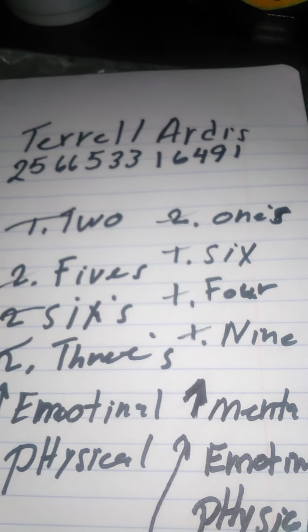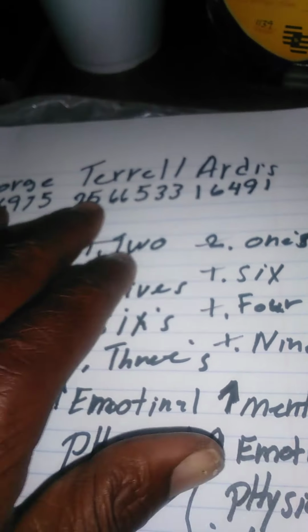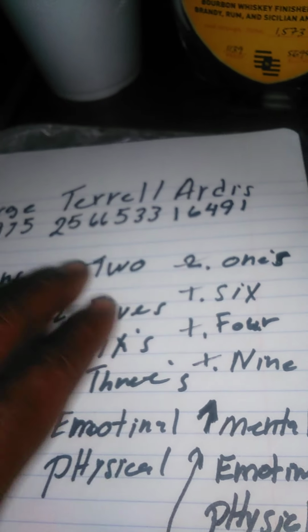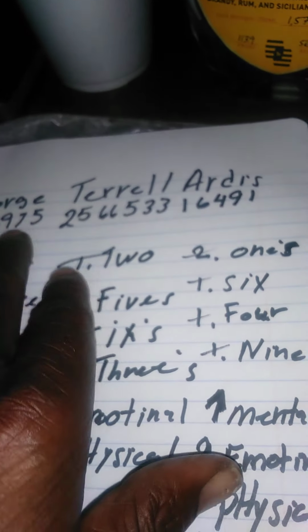First and foremost, heavily intuitive because I have 2 7s and 2 9s throughout my name. 2 7s there, as you can see. The 9 and the 9 right there. So that's first and foremost intuitive. Hold on. While I'm sitting here doing this, I need to write it down. Intuitive, first and foremost, right?